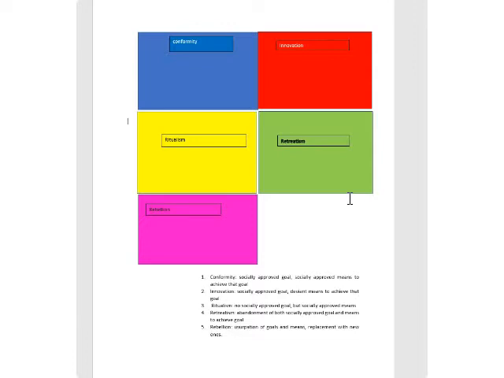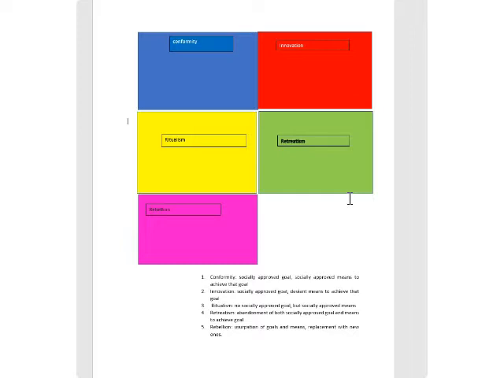You have a socially approved goal, the $100,000, but you have innovative means to attain that goal, which means they were at odds or a disconnect from socially approved means. What would that be? Well, I could rob a bunch of convenience stores, commit extortion, or fraud, or something like that. All of these are criminal, but they would be ways in which we would achieve the socially approved goal of making $100,000.